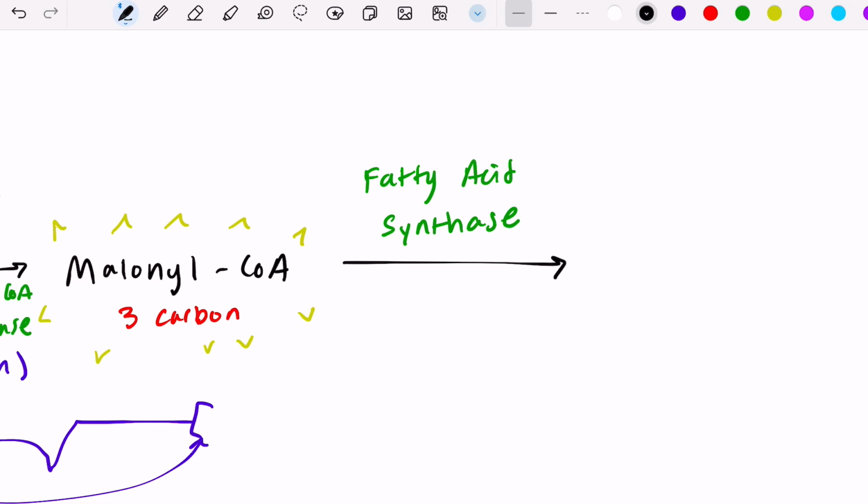So what cofactors are involved here? The number one thing that you need to worry about is NADPH. This cofactor is required for fatty acid synthesis, right? So NADPH. And what is NADPH? It is an electron carrier.